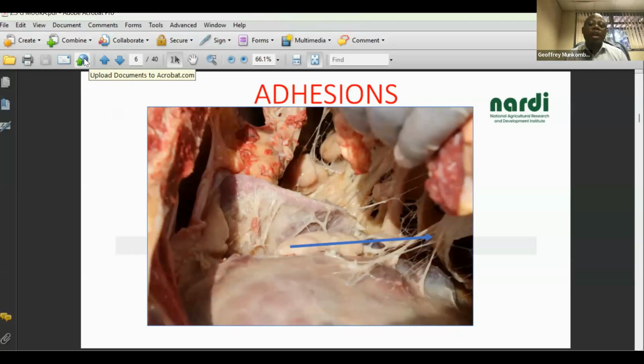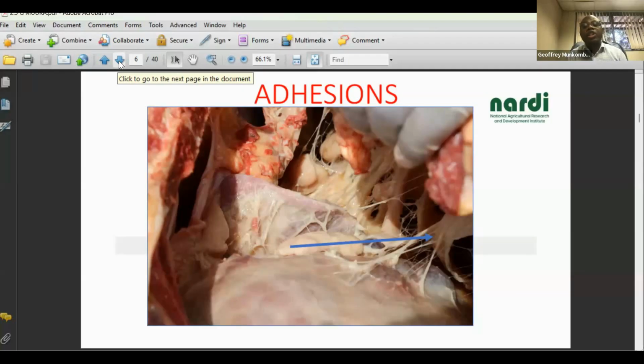The one I'm showing you here is a typical one for CBPP. You can see that those adhesions are quite prominent, and they will vary in terms of thickness and how they hold onto the thoracic cavity. This adhesion most usually is between, as Massimo said, the parietal pleura and the visceral pleura.